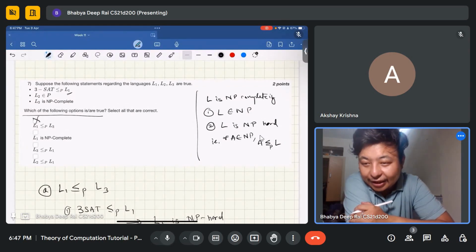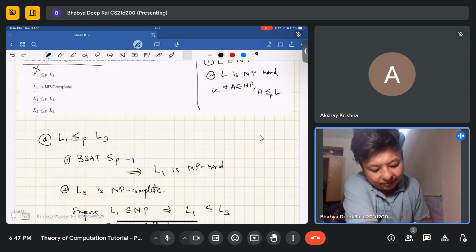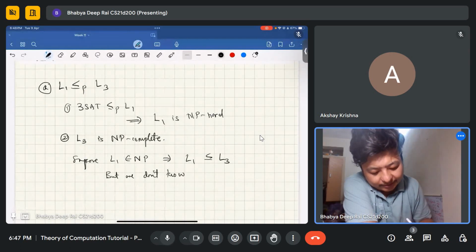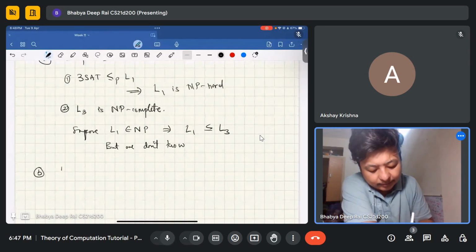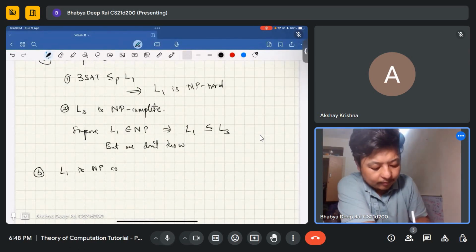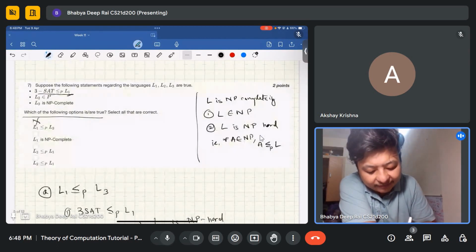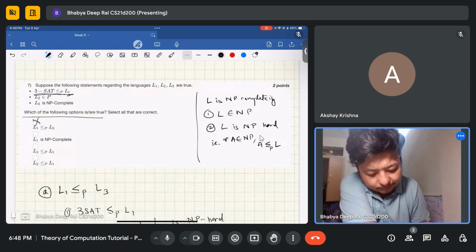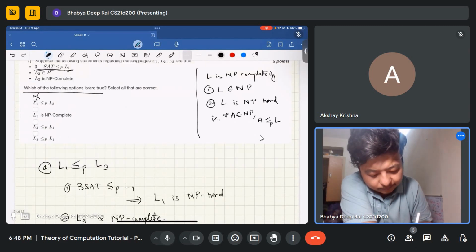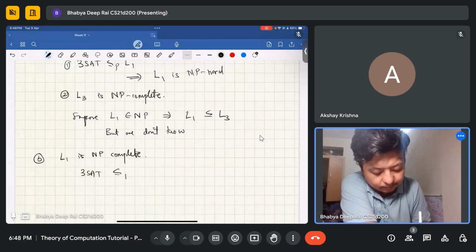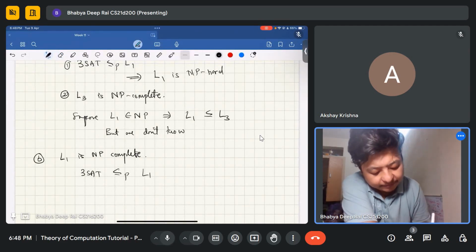Next, L1 is NP-complete. Again, let's see what we know about L1. 3SAT reduces to L1, so L1 is NP-hard.